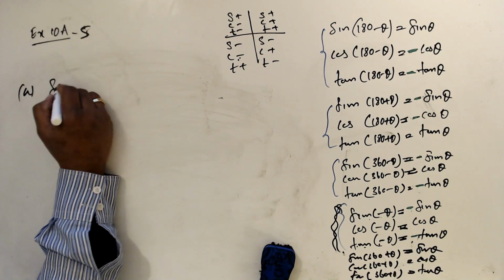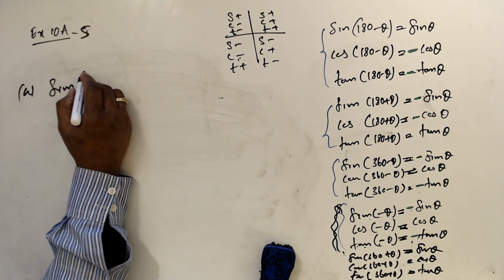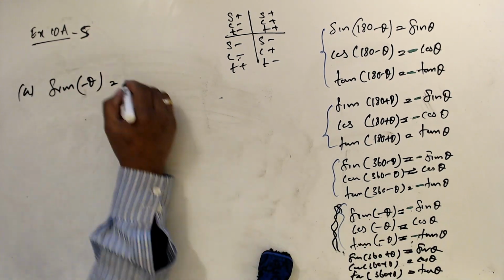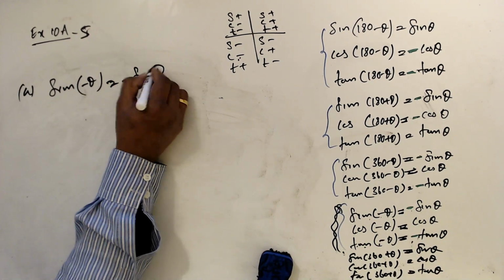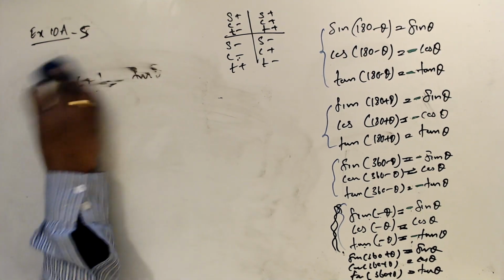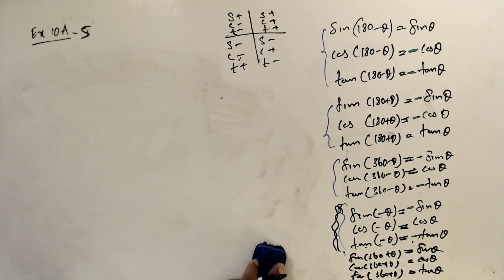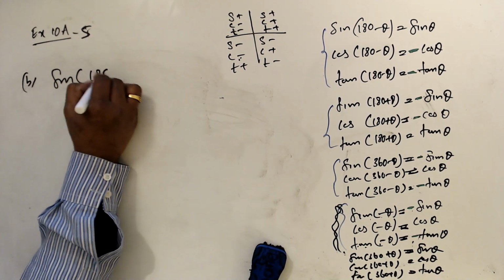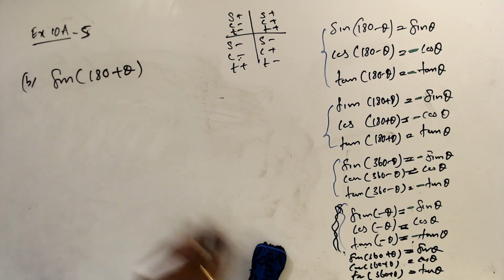Then question number 5. Sine minus 30. We know sine minus 30 is minus sine 30. Part B: sine 180 plus theta, where theta is acute.